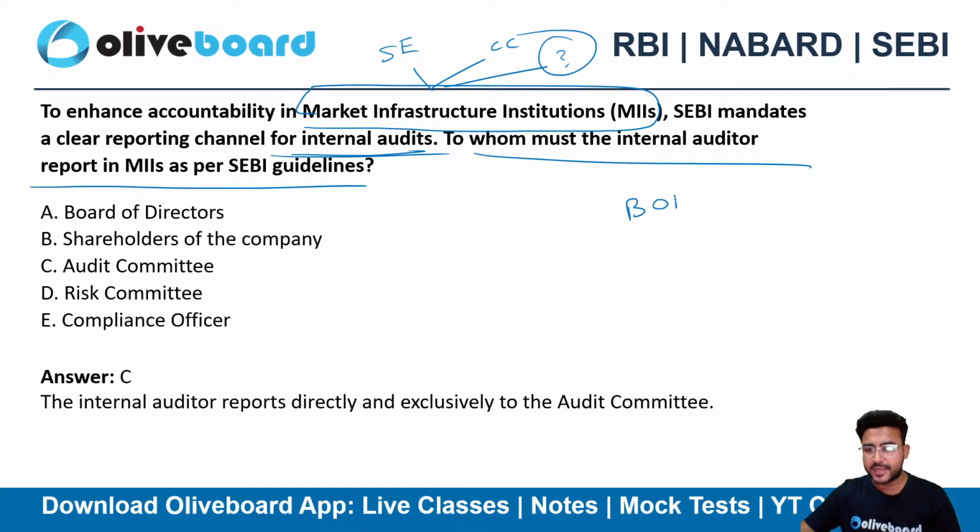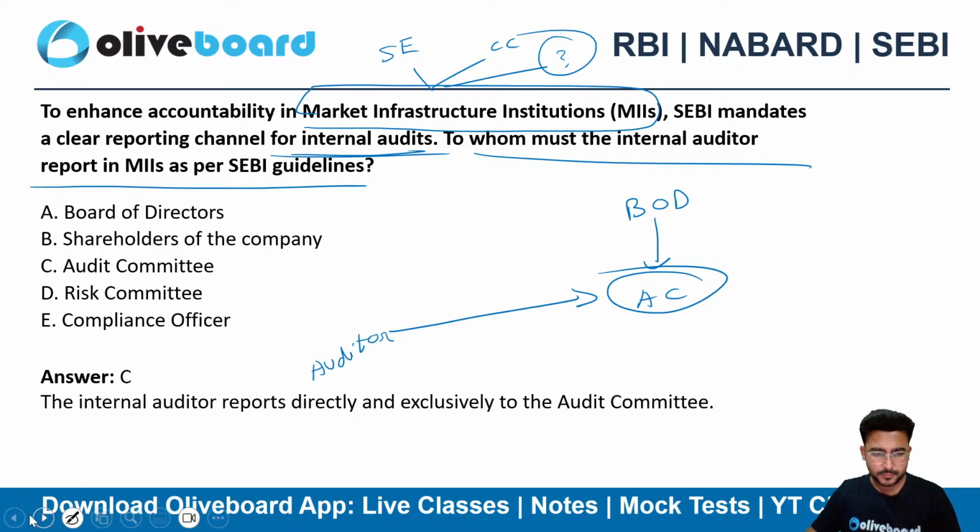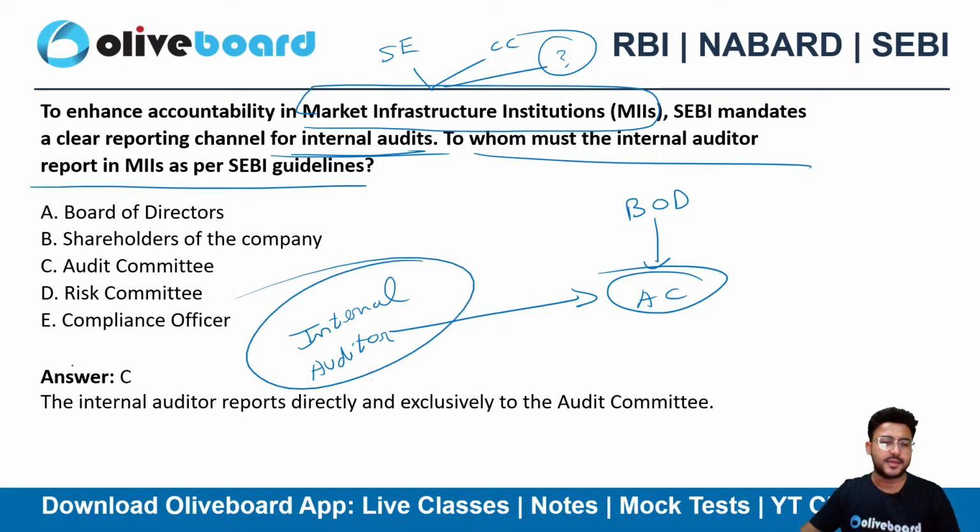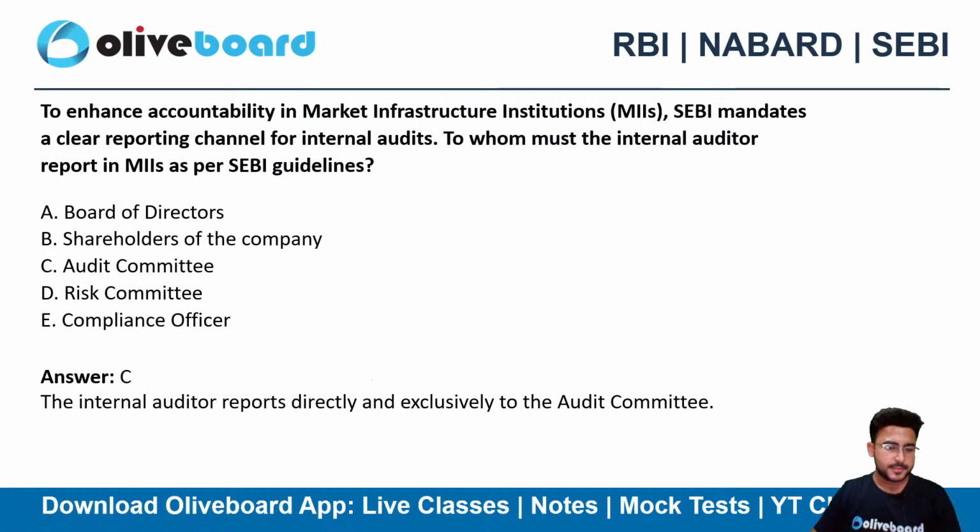So there are board of directors in the company, out of which some of the directors form audit committee. The auditor reports to the audit committee because it's an internal auditor. So the reporting will also take place internally itself. It reports to the audit committee.